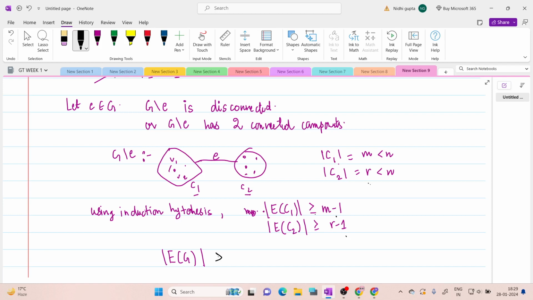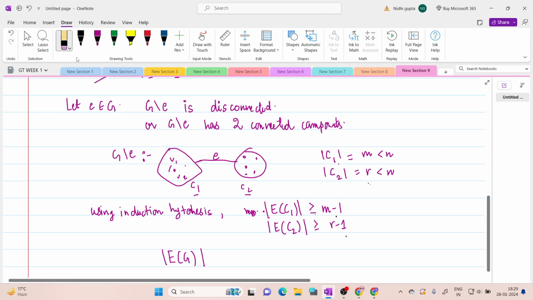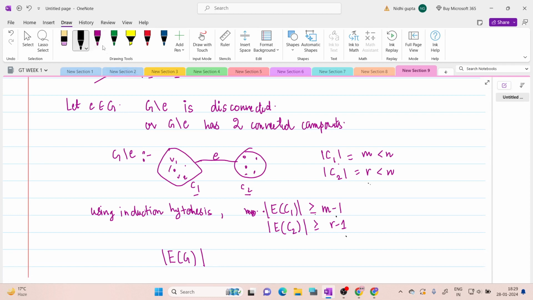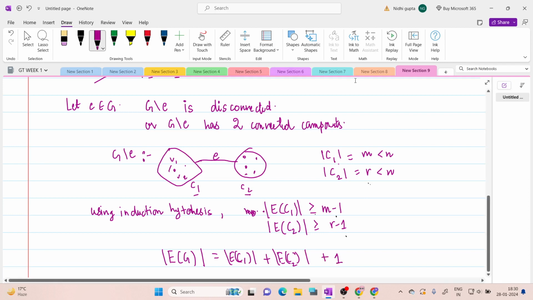M plus R minus 2, and M plus R is equal to N. So the number of edges in G is the same as the number of edges in C1 plus the number of edges in C2 plus 1, because there's this edge E also, right?